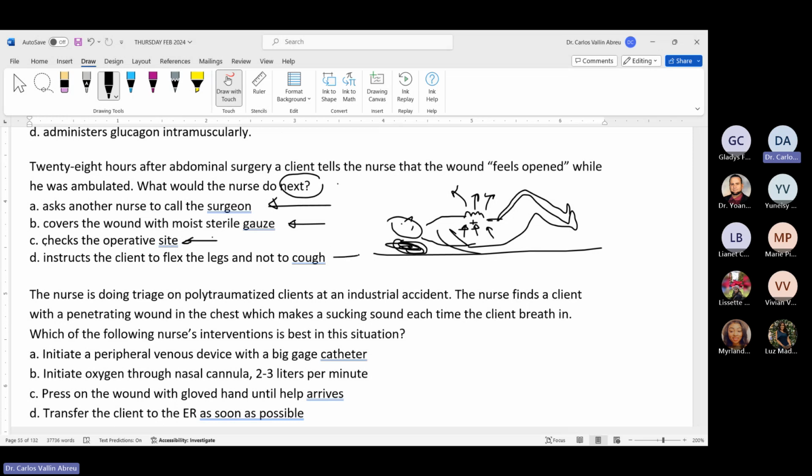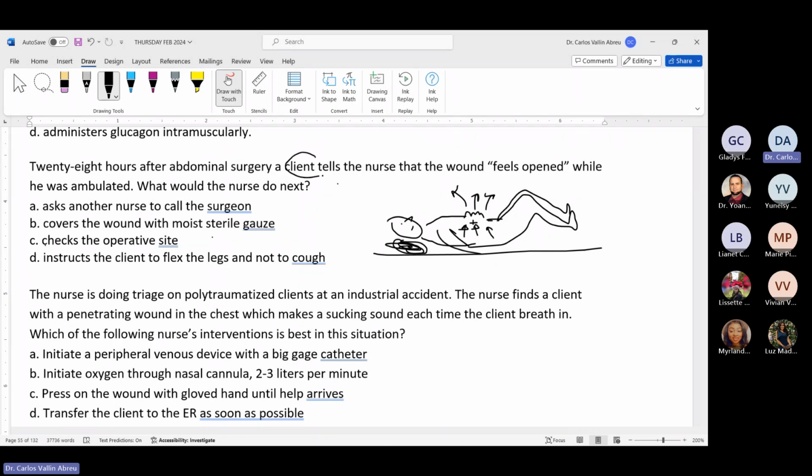That's why it is also correct. Okay, so it is also correct. So all the interventions are correct, but they are asking not which one is correct, but what you do first. Obviously, you are basing your interventions on the statement of the client. Who is the person that is most authorized to make a diagnosis of dehiscence or evisceration?